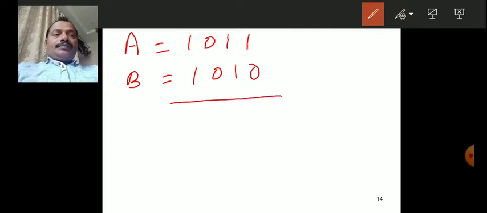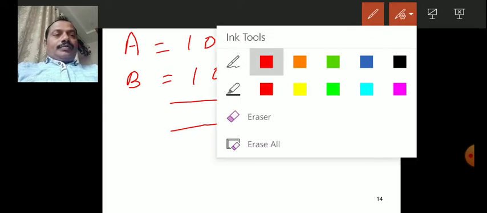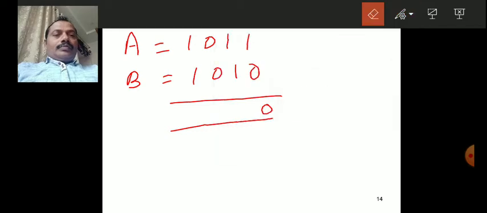Let us see. The addition of these two numbers is 1 plus 0, 1. 1 plus 1, 0 with a carry. 1 plus 0 plus 0, 1. 1 plus 1, 0.